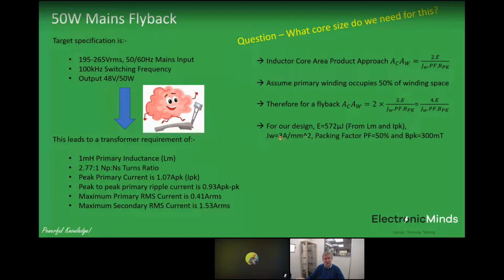Let's assume a starting point current density of 3 amps per millimeter squared, a packing factor of 50%, which may be a bit optimistic, but let's say 50%, and a peak core flux density of 300 milliteslas at maximum current. Using this equation gives us an AC-AW product of just over 5,000 millimeters to the 4. It's to the 4 because you've got the multiplication of two areas.